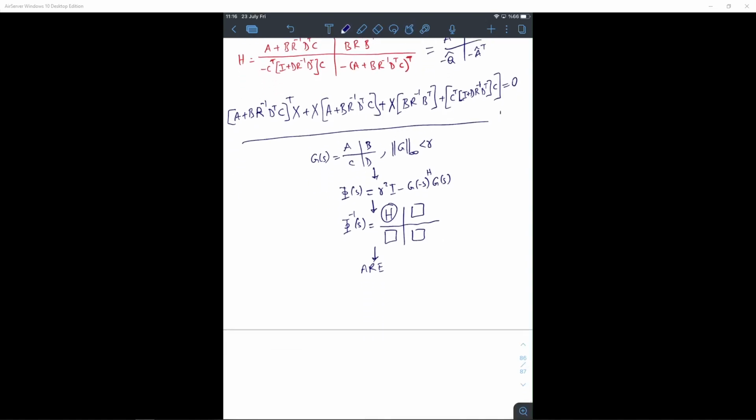By the way, this is a really important equality right now. Enough.